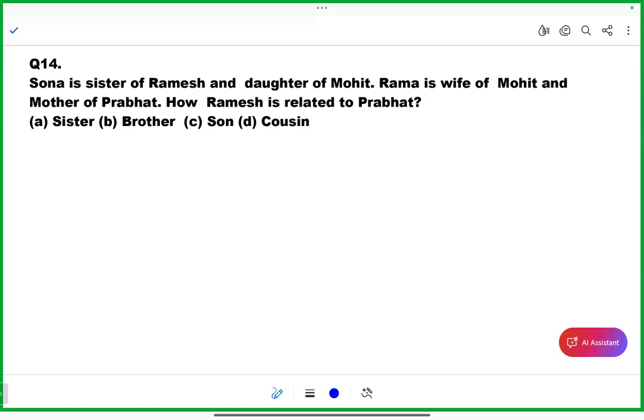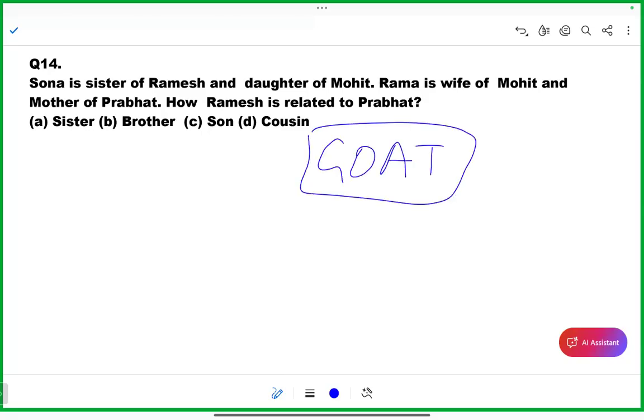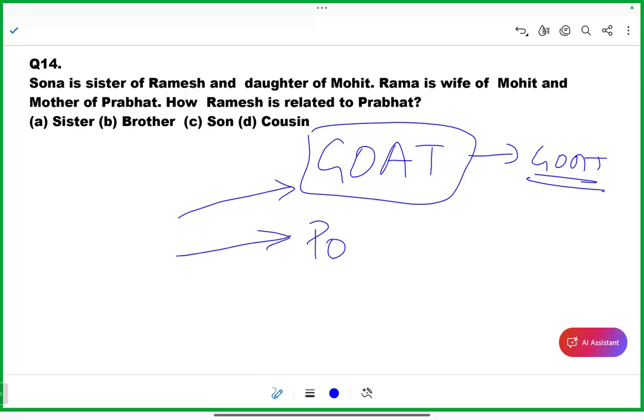We are a generation apart. Suppose you go to your father and tell him, Father, you are the goat. He will be confused, but you mean to say that you are the greatest of all time, right? Suppose you go to your mother and tell her you are a puki.